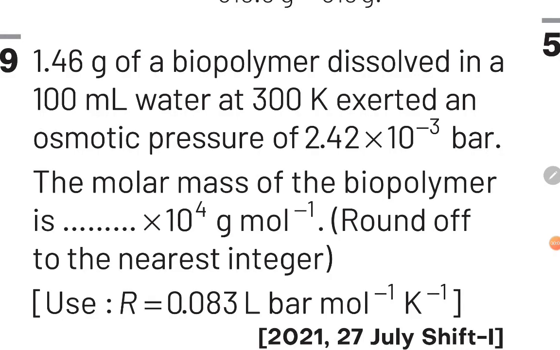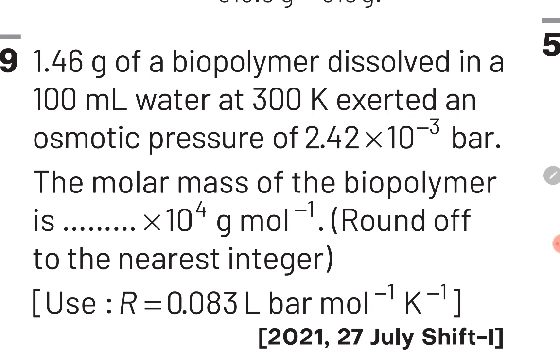Yes, students, the fourth question of this chapter is: 1.46 grams of a biopolymer dissolved in 100 ml water at 300 Kelvin exerted an osmotic pressure of 2.42 into 10 raised to minus 3 bar. The molar mass of the biopolymer is. Guys, इस क्वेश्चन को सॉल्व करने के लिए we will use the formula of osmotic pressure.